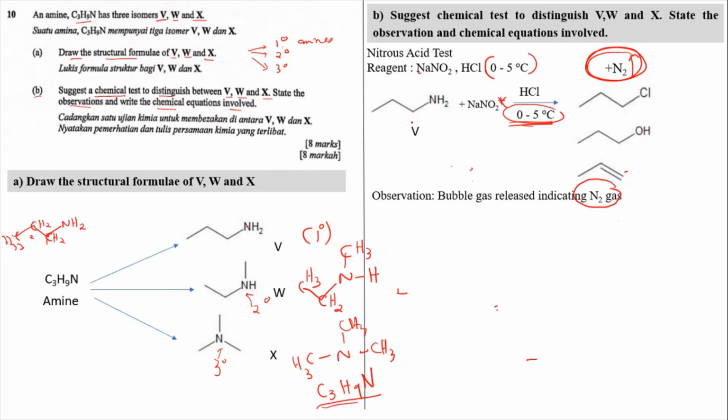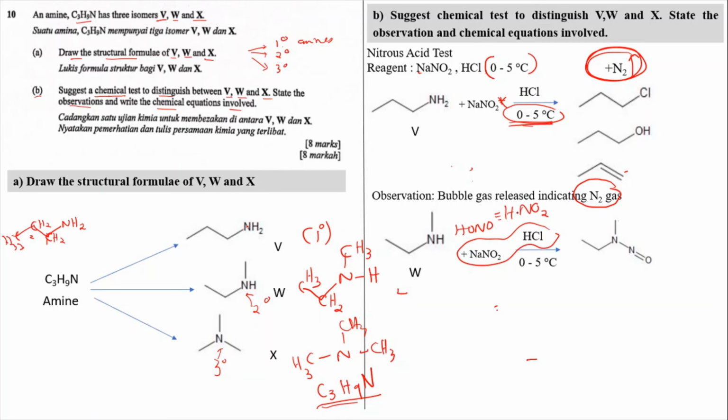Now we're going to do the same reaction, but now using the secondary amine, which is W. When we react W with the sodium nitrite with HCl at low temperature, which is 0 to 5 degrees Celsius, what we're going to produce is the nitrosamine. From the reaction of sodium nitrite and HCl, we produce nitrous acid, HNO2, which can also be written as HONO.